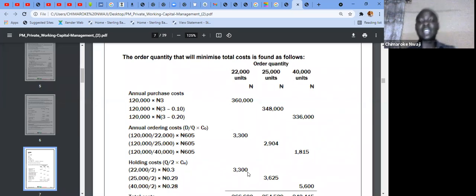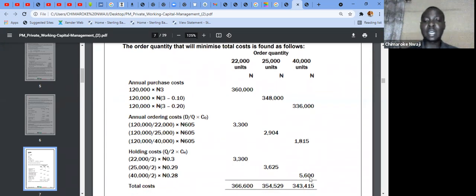So you see here that your economic order quantity did not give you the minimum cost. Now when you add these three costs together, you find out that ordering at 40,000 units is better because you minimize your total cost.